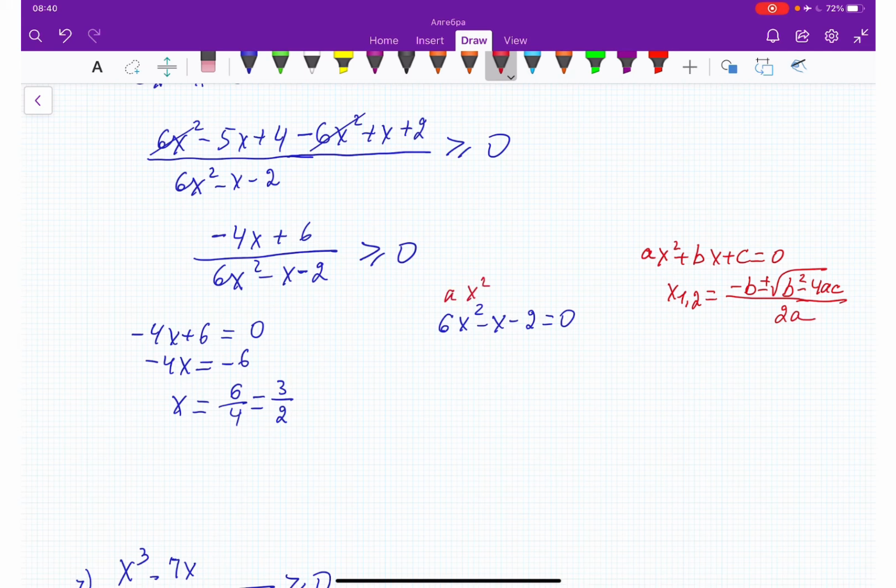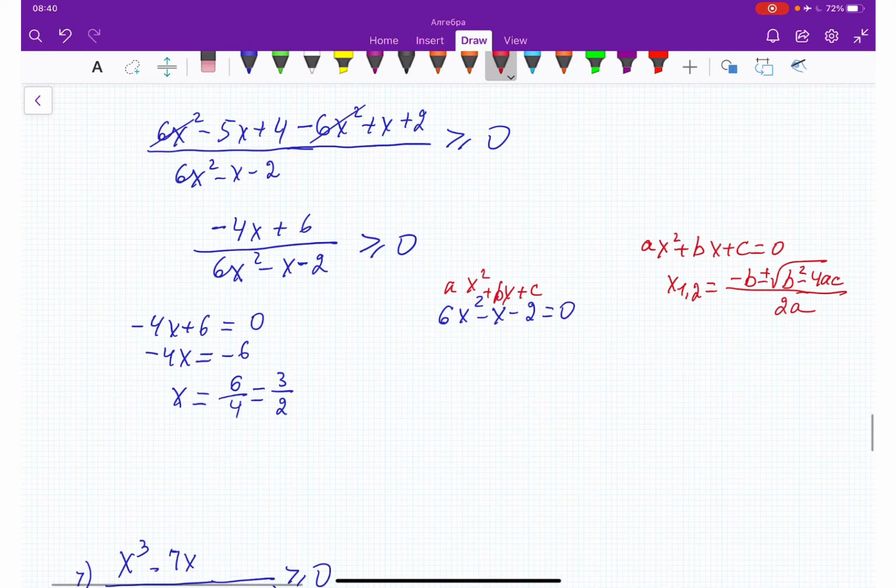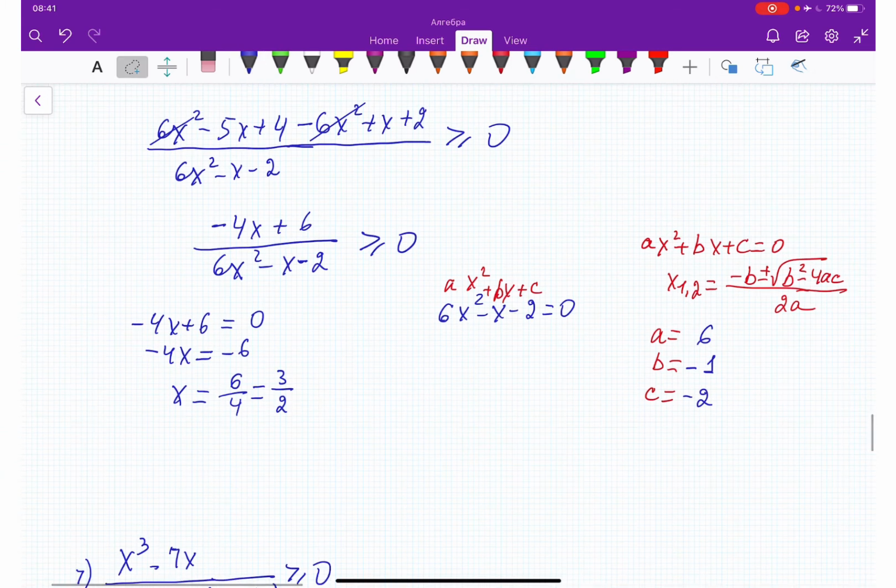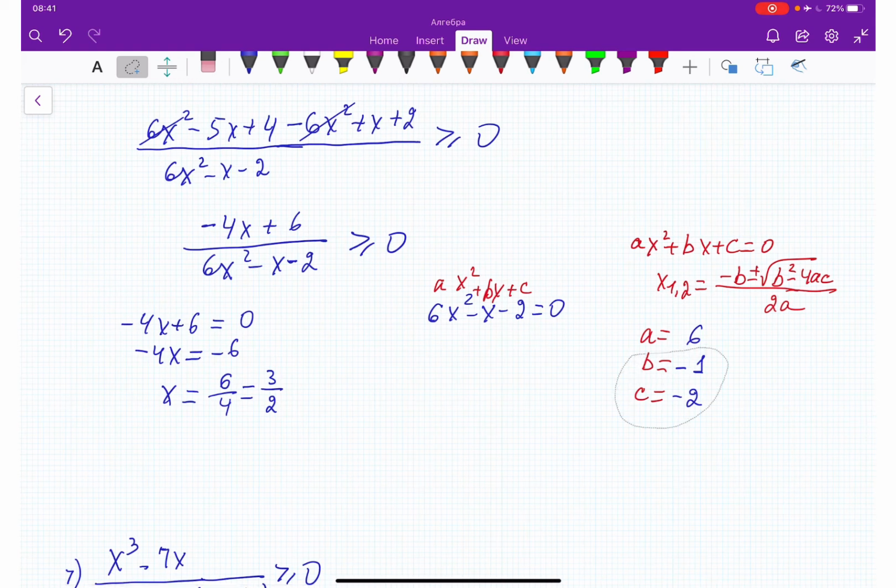So real quick, write down a, b, c. A is equal 6, B is equal negative 1, C is equal negative 2. To save space, this is what I'm going to do. And this one moves here.